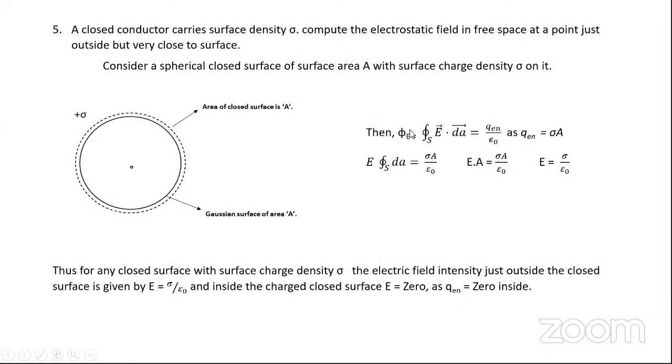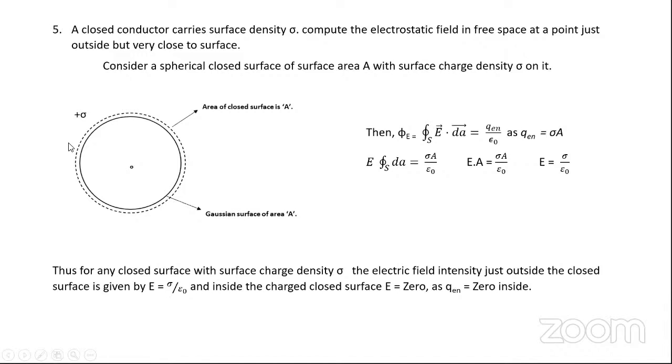This is Gauss law. Phi E is equal to the closed surface integral of E dot dA, equal to Q enclosed divided by epsilon 0. Q enclosed is nothing but, if the surface area of this sphere is A, then sigma multiplied by A is the charge enclosed by the Gaussian surface.